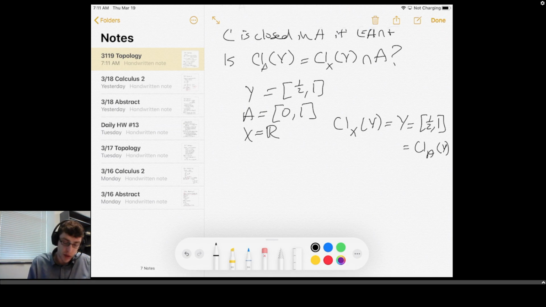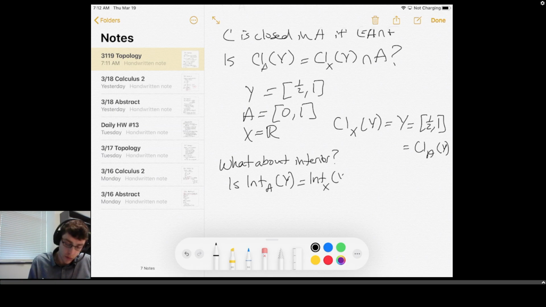But let's see if the same thing, so this is obviously not a proof. We'll prove this in a second. But I just want to analyze this example. What about interior? So is the interior of Y in A equal to the interior of Y in X intersect A?